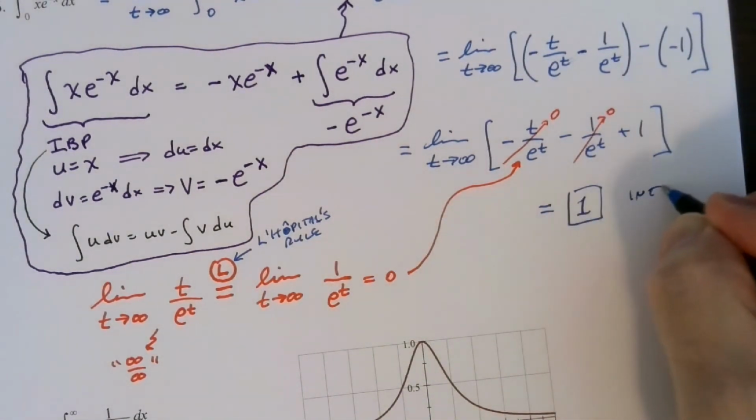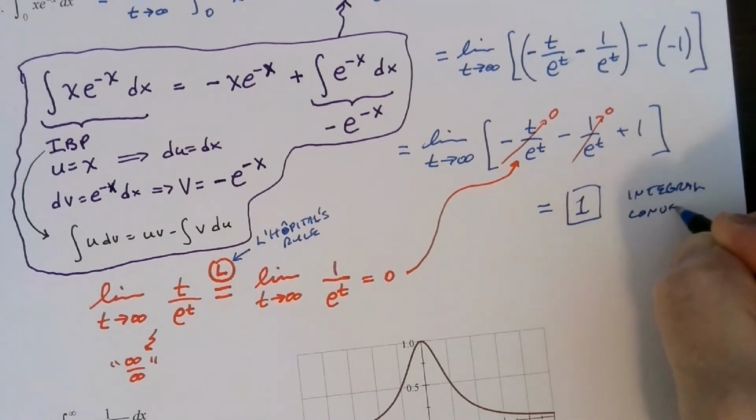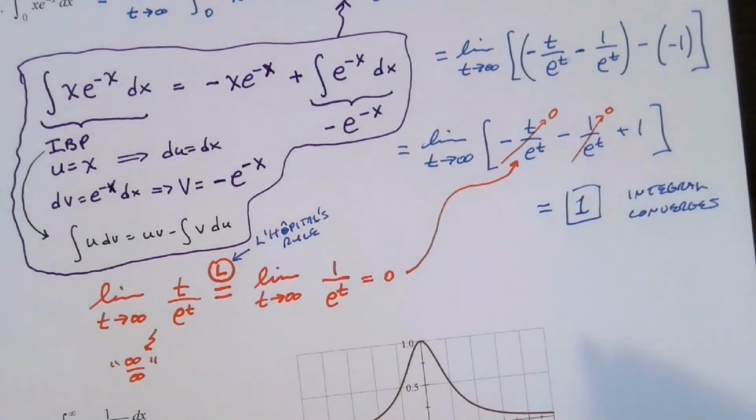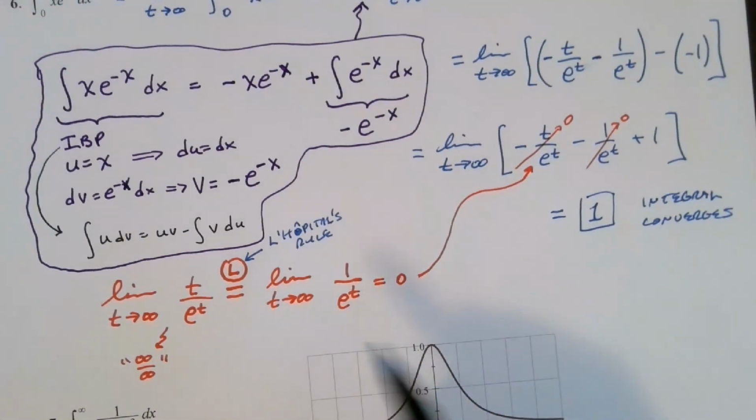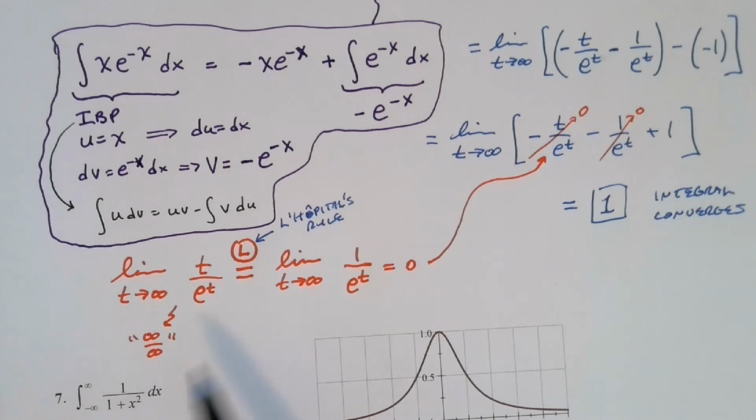And the integral converges. So I would encourage you to review L'Hopital's rule that we learned in Calculus 1. It's a pretty simple one, actually. But it is helpful when we have limits of this form.